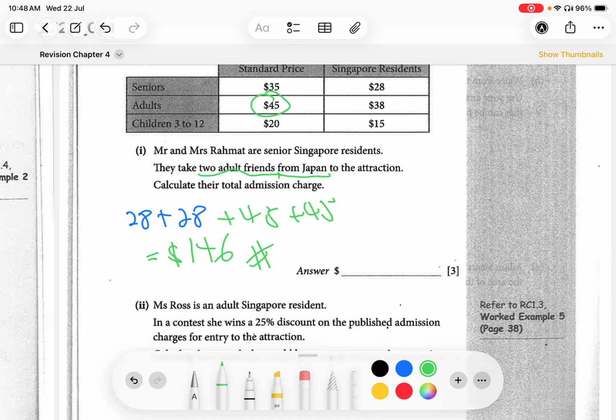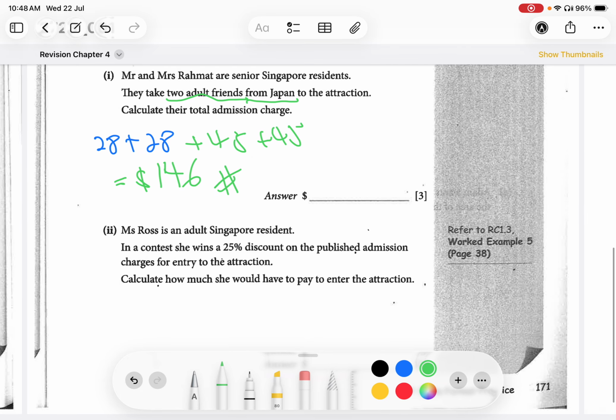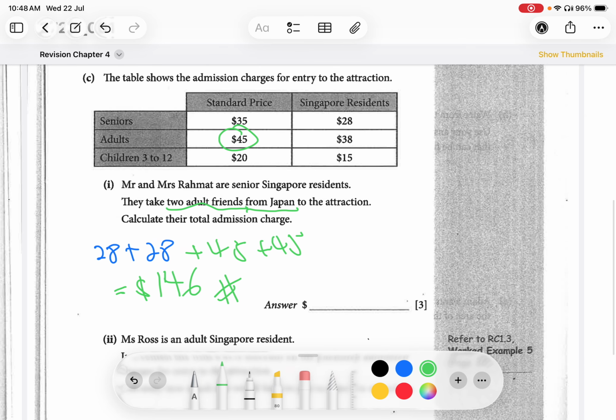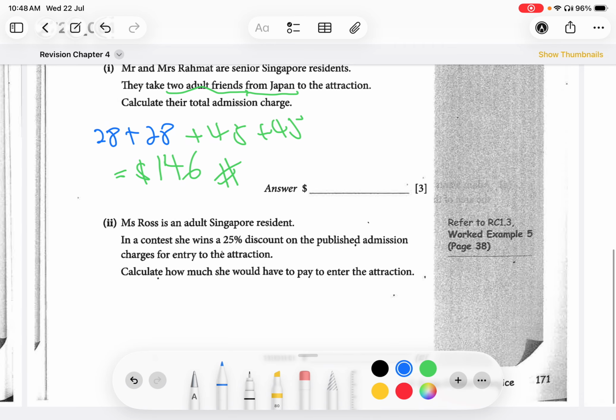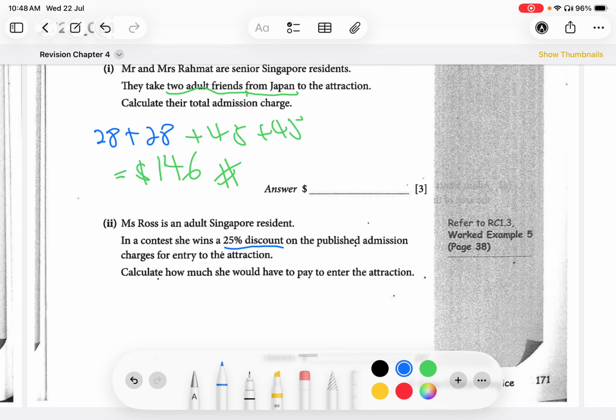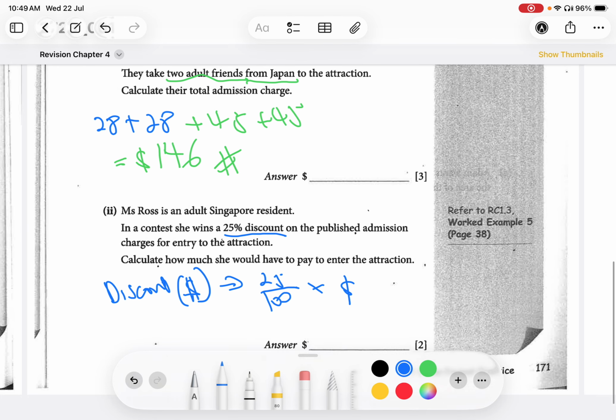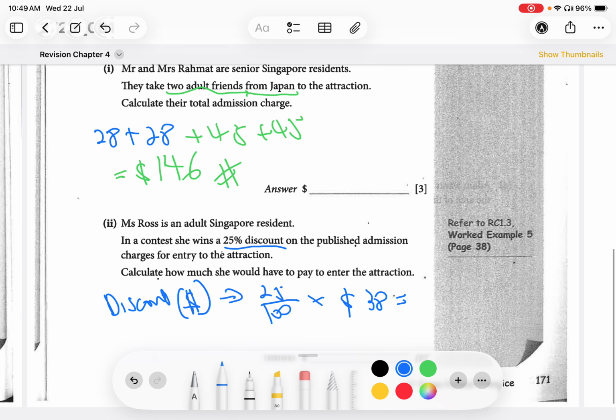Okay, for this. Then Miss Ross is an adult resident. In a contest, she wins a 25% discount. How much does she have to pay? So she should be paying this rate. She's a Singapore resident, adult, 38. But she has a 25% discount. So this discount in terms of money is 25 over 100 of the $38, which is $9.50.